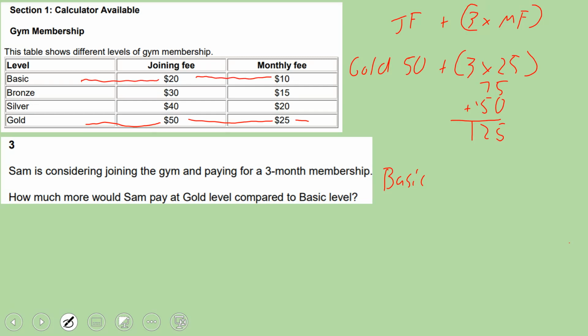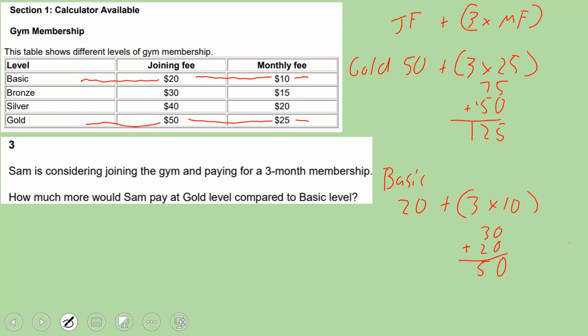Now if we're going to be doing basic, our joining fee is $20. And then we need to have 3 months worth of $10 a month. 3 times 10 is 30. 20 plus 30 is 50.